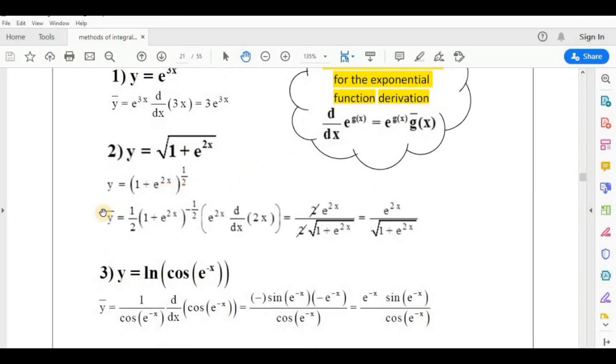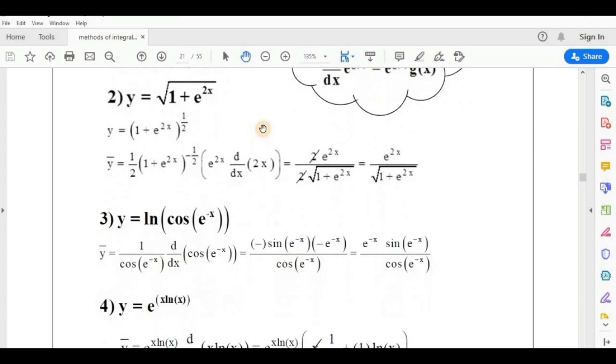The second one, we have this function. This is under a root. This is a special form to find the derivative of a root: we bring the power forward and deduct 1, so it will be minus half, multiplied by the derivative of what is inside the root symbol.